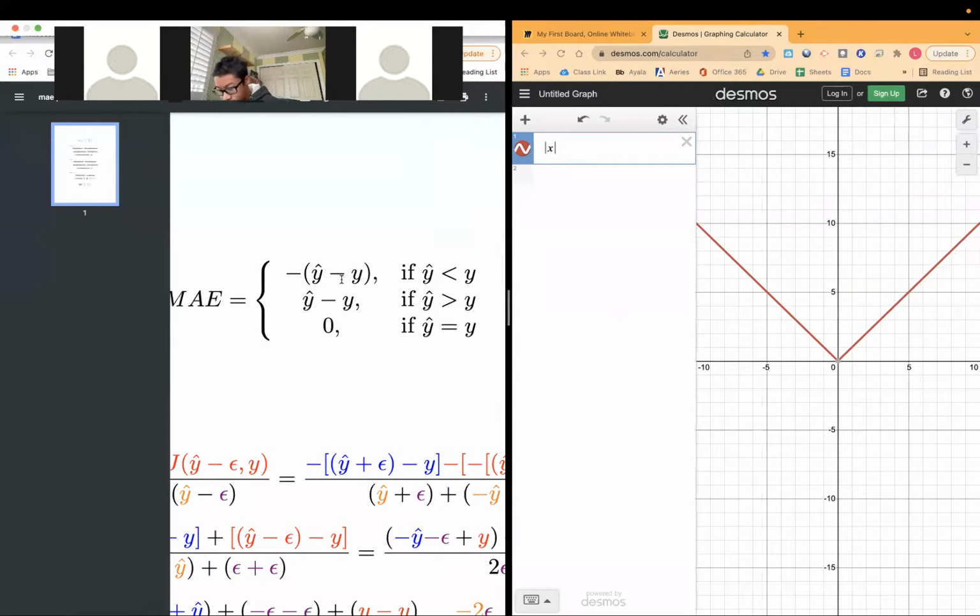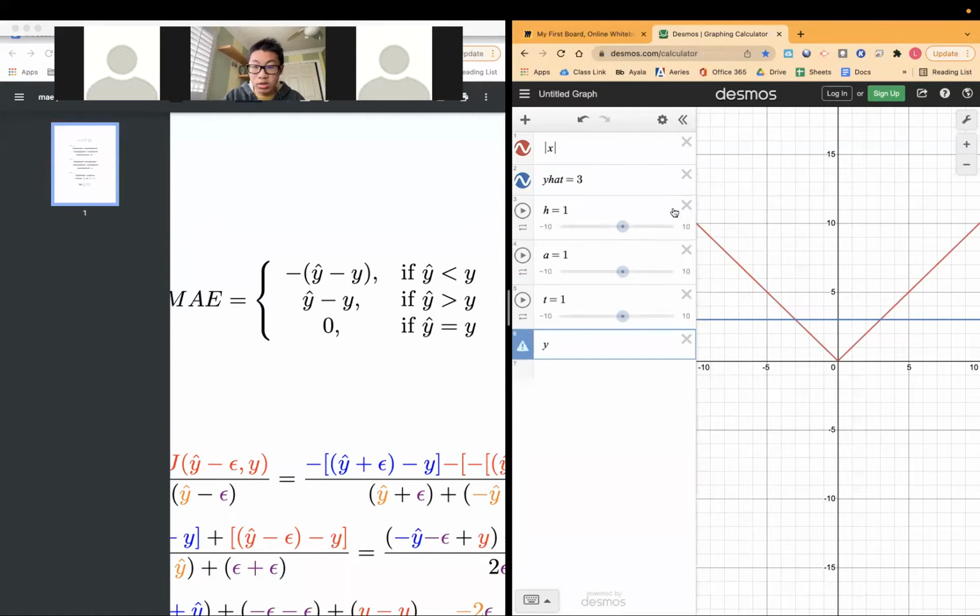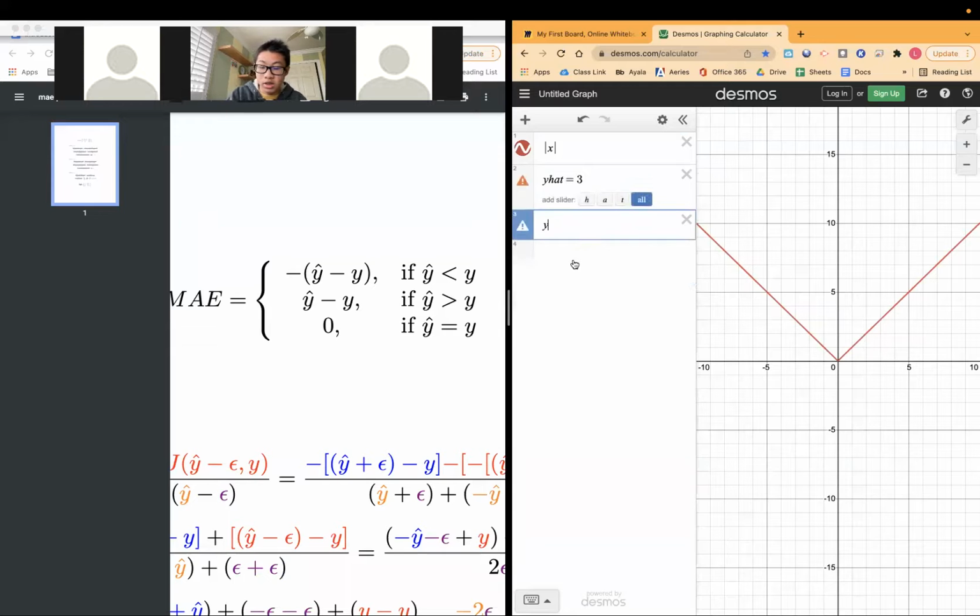Okay, so since that's the case, we got a negative, so we've got to negate the difference. Let's say y hat is 3 and y is equal to 5.